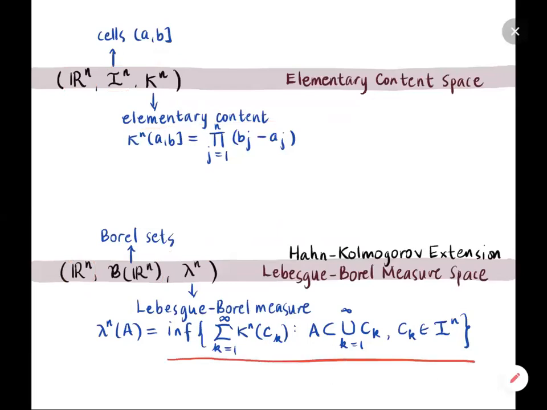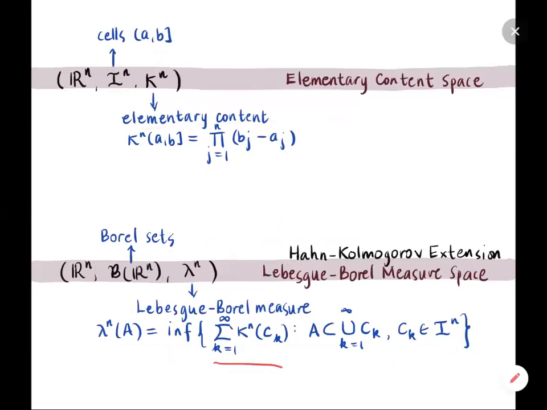Then it can be computed in this way. If you have a Borel set A in Rn, you cover this by a countable collection of cells, C sub k, k from 1 to infinity. You take the content of each cell, and then take the infinite sum.